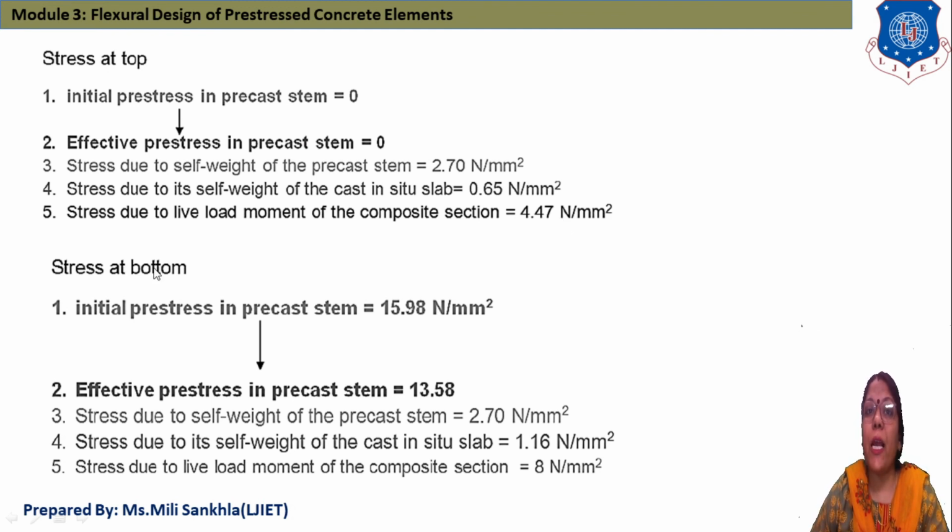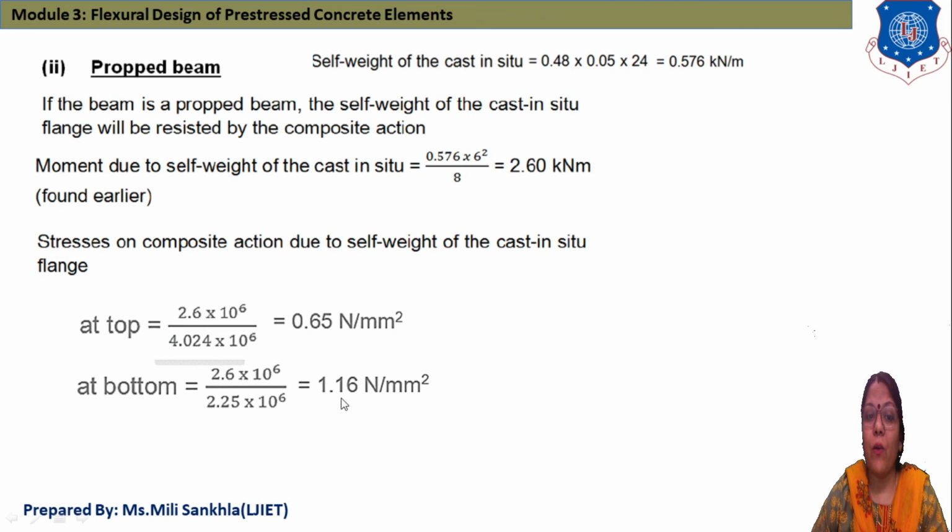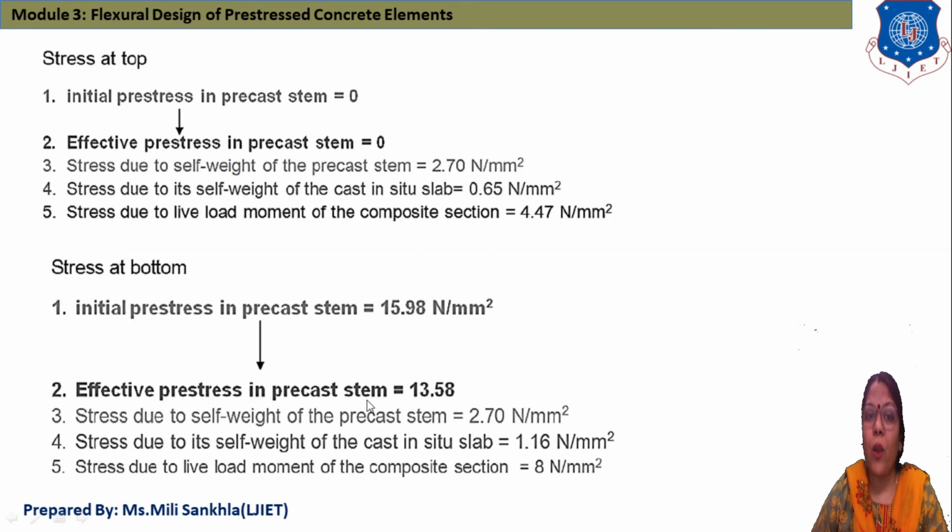Now stress at bottom: initial pre-stress is 15.98, effective pre-stress is 13.58, self weight stress of precast is 2.7, self weight of cast in situ slab is 1.16, and stress due to live load moment of composite section is 8.